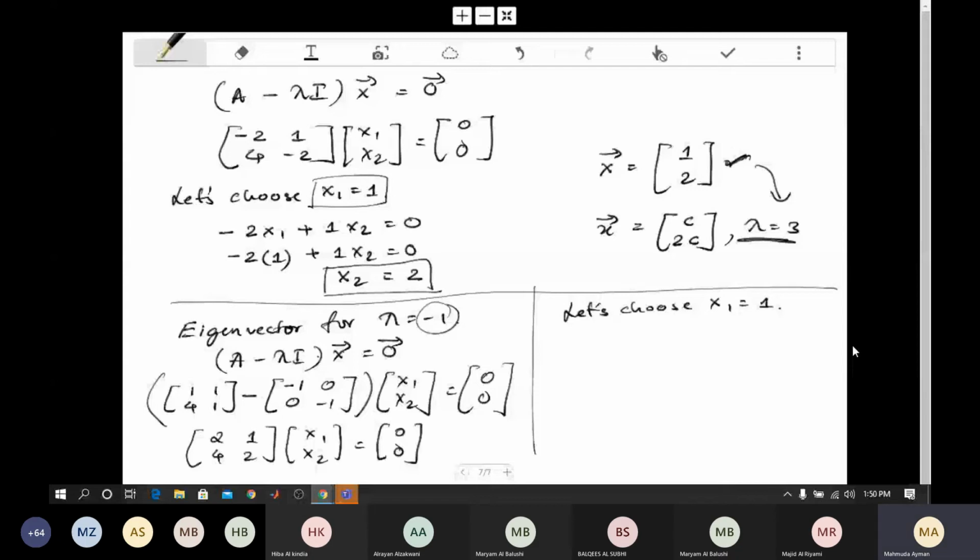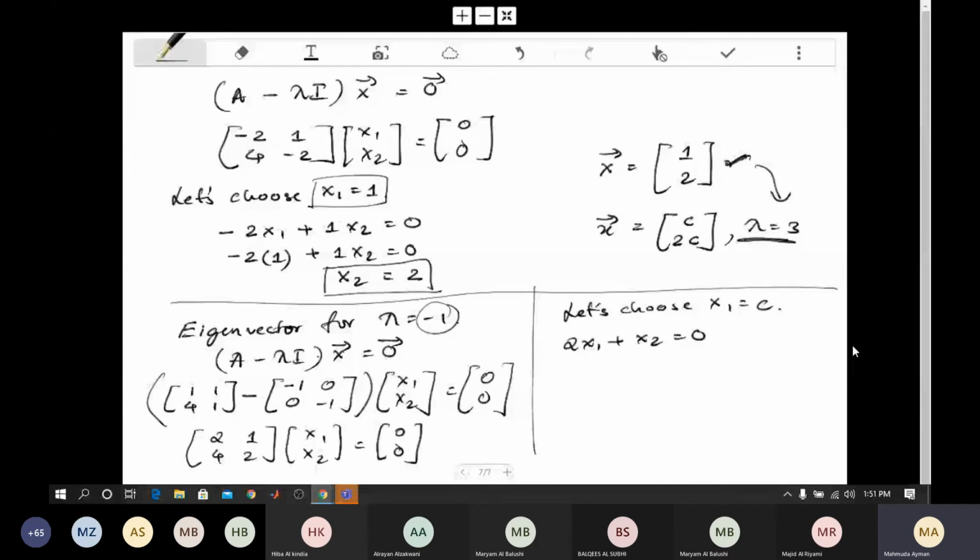Or maybe because you all had a confusion, right? Why are we choosing 1 here? Let's not choose 1, and let's show that I'm just choosing any constant c here for x1 now. If I choose any constant c here, what will I get? I'll get the equation 2 times x1 plus 1 times x2 is equal to 0.